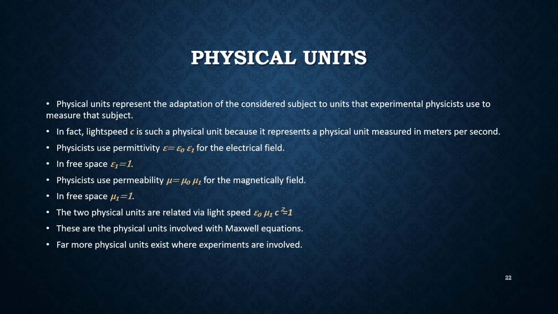Physicists use permeability mu equals mu mu for the magnetically field. In free space mu equals 1. The two physical units are related via light speed epsilon mu c superscript 2 equals 1. These are the physical units involved with Maxwell equations. Far more physical units exist where experiments are involved.